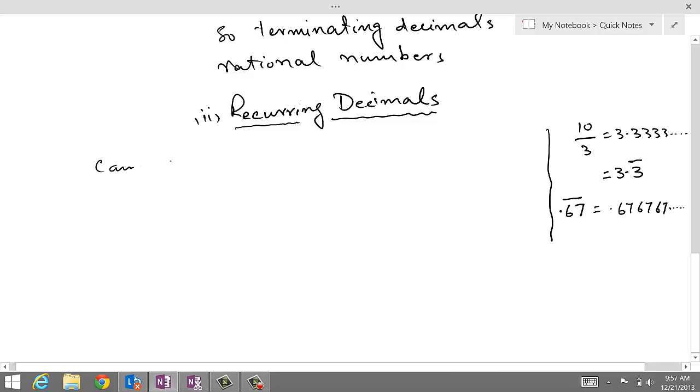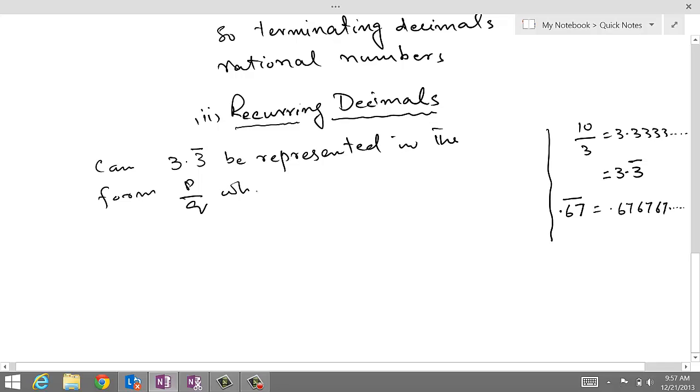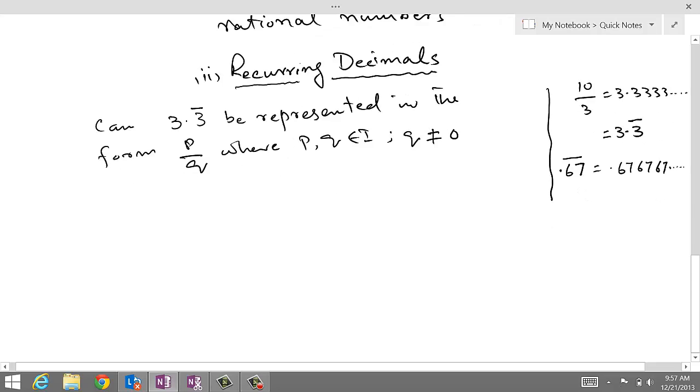Can 3.3 bar be represented in the form p over q, where p and q are integers and q should not be equal to 0? Let's take a look.